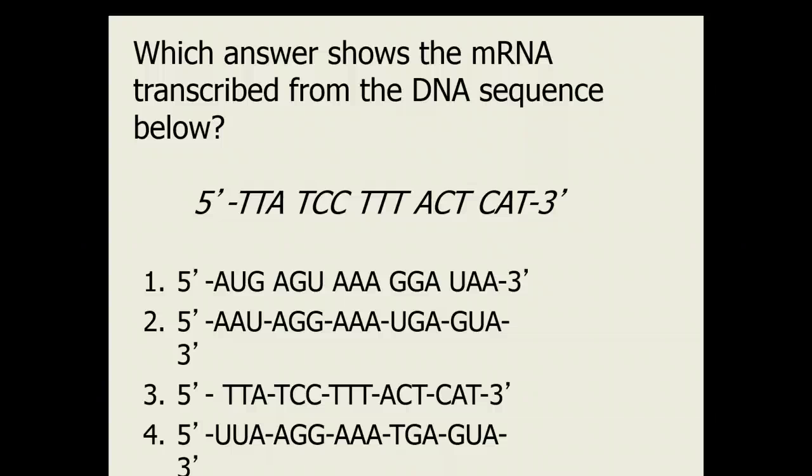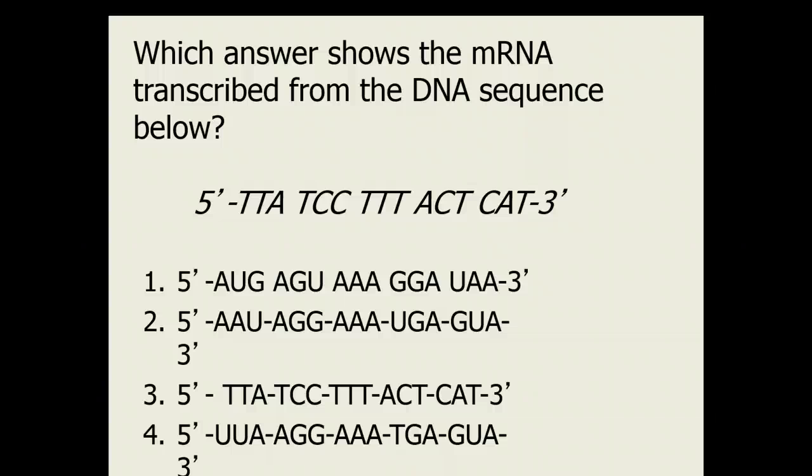So A's is what we would expect, AAU. So number 2 is the AAU, AGG. Also we have number 4 that's got the UUA. So we can't have thymine, so we have to have uracil.